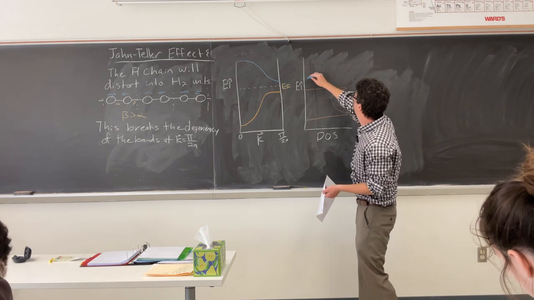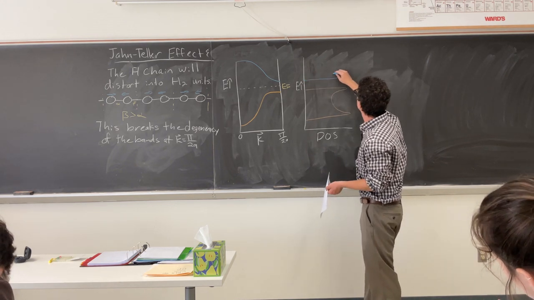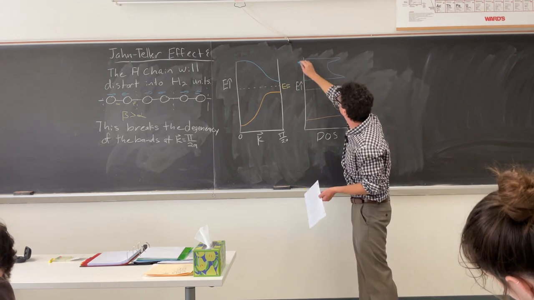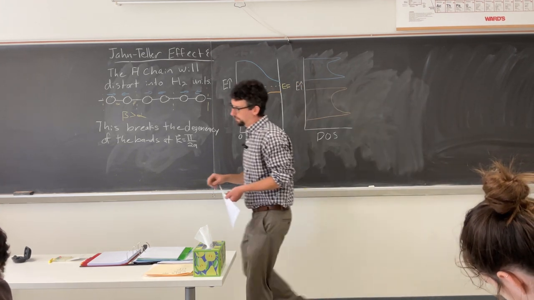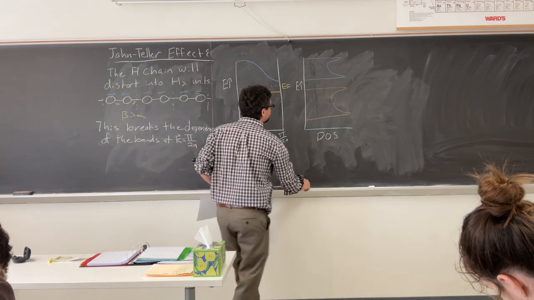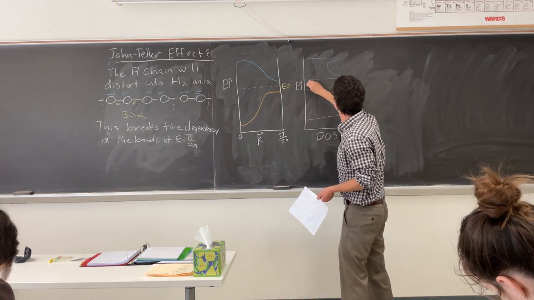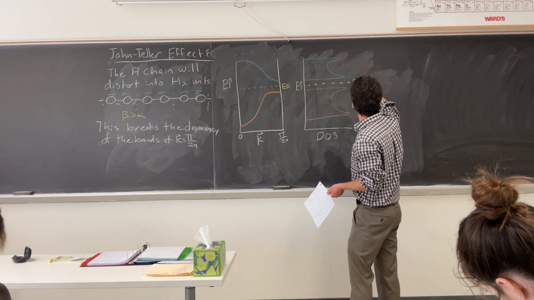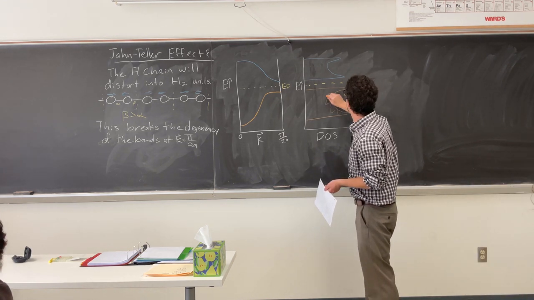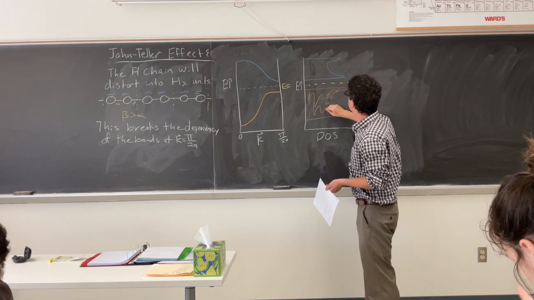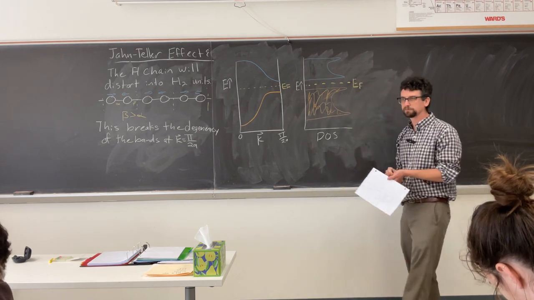Are they Van Hove singularities? It should be equally spaced. I'd also need to indicate my Fermi level. There's my EF, and then if I'm going to draw this thing populated, I'd shade it. Some people don't shade it, though.